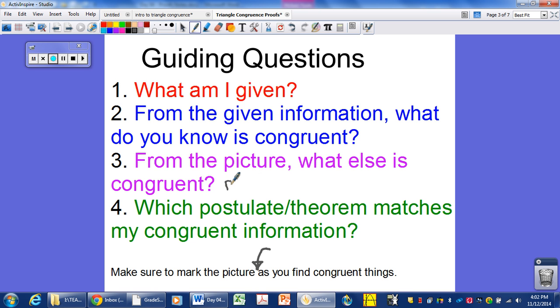Now we're going to have almost always a reflexive side or a vertical angle. Reflexive congruent sides or congruent vertical angles. And then which postulate or theorem matches up from the picture. Not the order that you prove them, but from the picture. And mark the picture as you go.